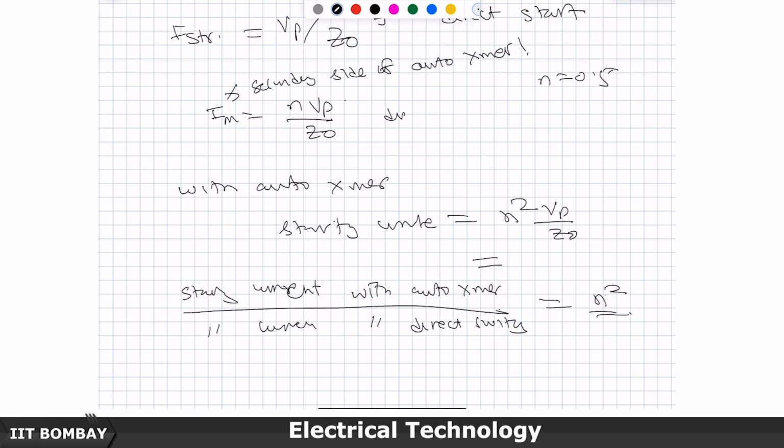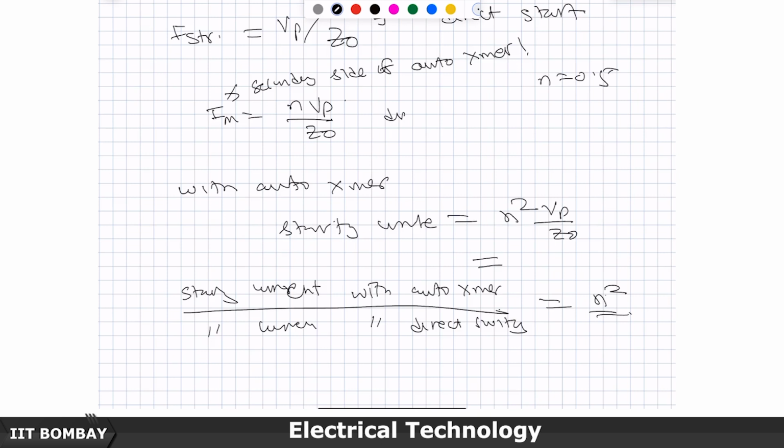So you can reduce the starting torque by n square and you can reduce the starting current also by n square, but it requires this auto transformer setup, which can be a bit of an expensive proposition.